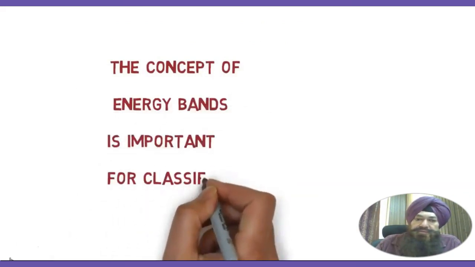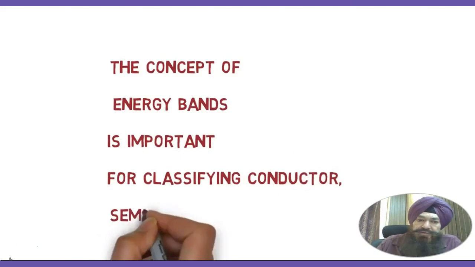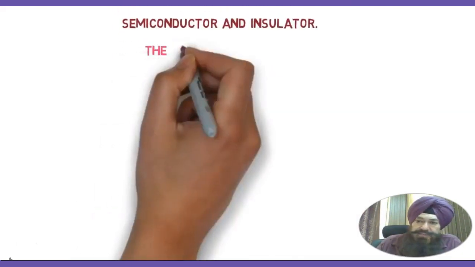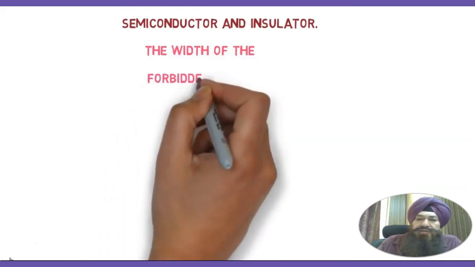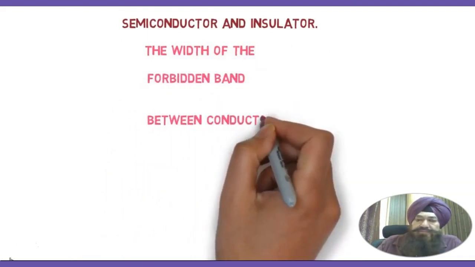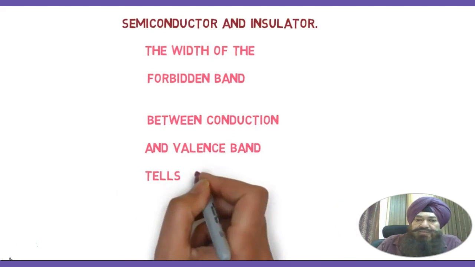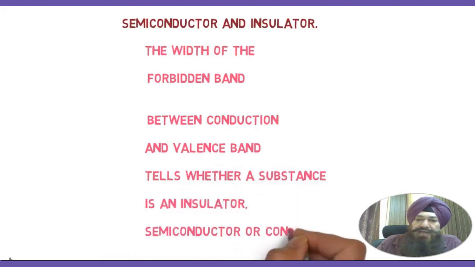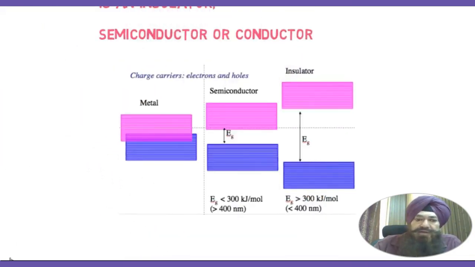The concept of the energy band is important for classifying conductors, semiconductors and insulators. The width of the forbidden band between conduction and valence decides whether a substance is an insulator, semiconductor or conductor. In the case of a metal, the conduction band and valence band overlap.